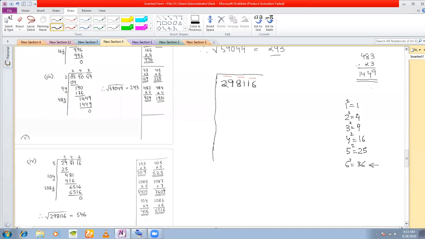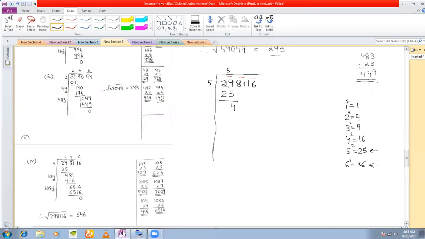So 36 becomes greater than 29. So therefore we'll choose 25. 5 into 5 will give me 25. Subtract. You get 4.